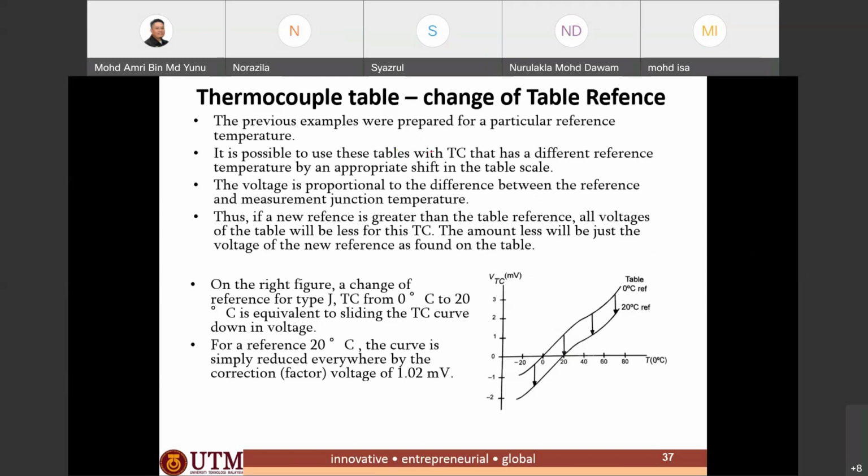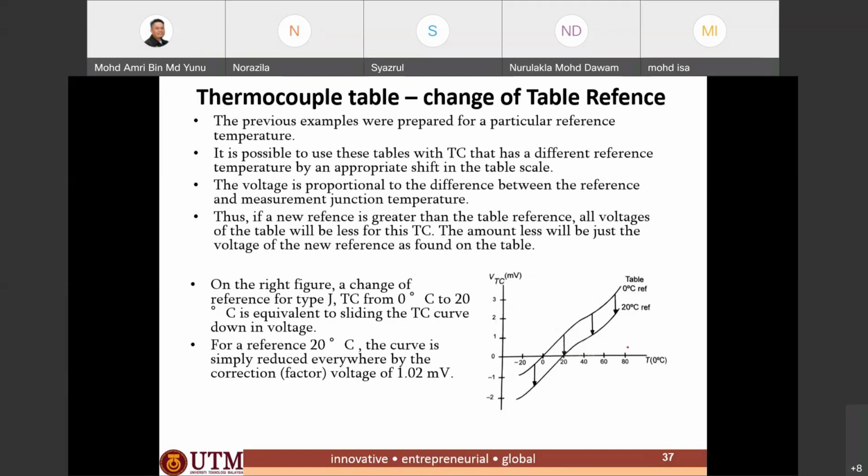Basically, you need to remember that the voltage is proportional to the difference between the reference and measurement junction temperature.